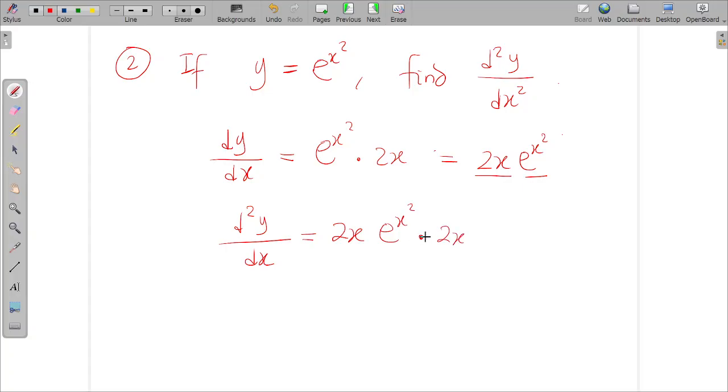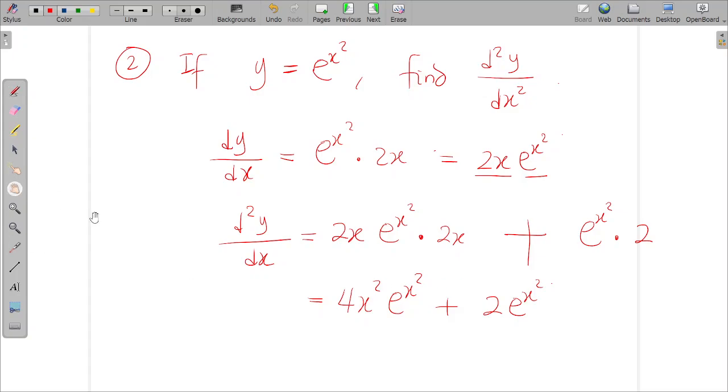Okay, multiply by 2x. Then plus, I hold on to this, multiply by this. This gives us 2. Okay, so now I simplify: 4x² e^(x²) plus 2e^(x²).